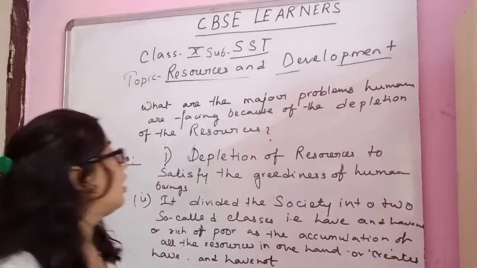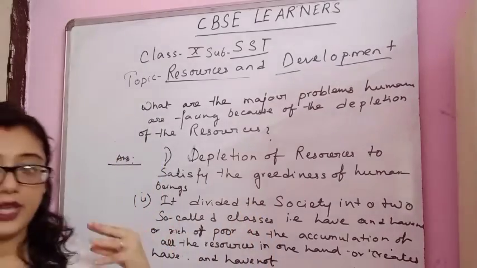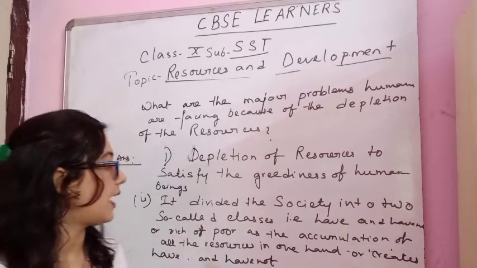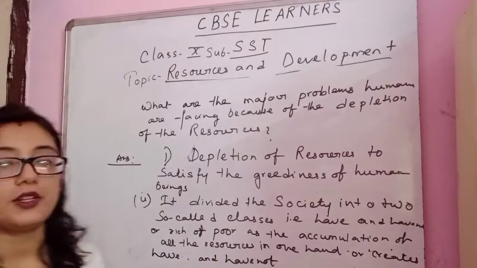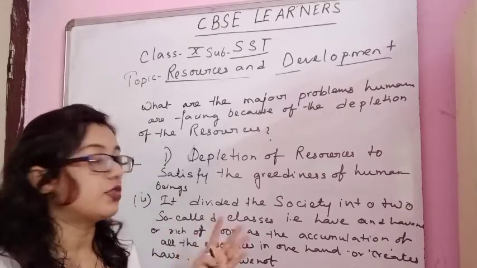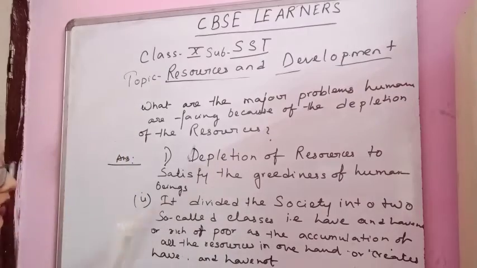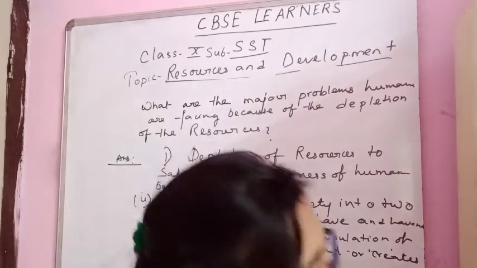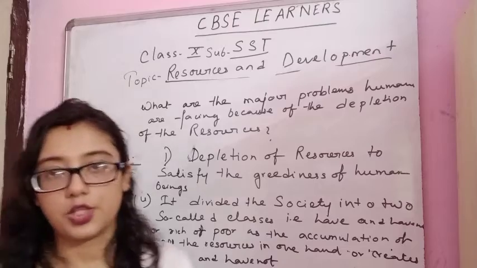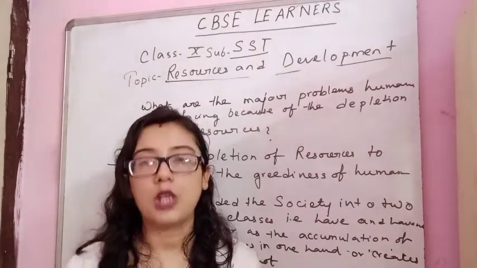So first one is the exhaustion or depletion of the resources. Second one is that it divided the society into two strata or classes, that is haves and have-nots, rich and poor. And the third one is indiscriminate exploitation. We all know that indiscriminate exploitation will lead to global warming, ozone layer depletion, water pollution, soil pollution and all.